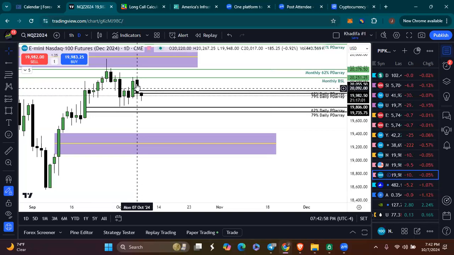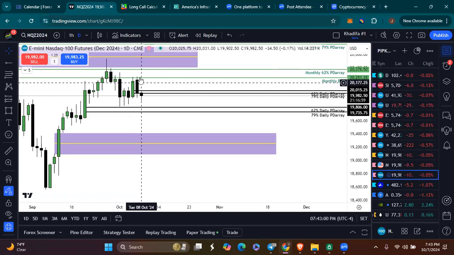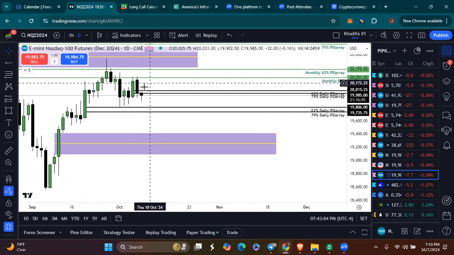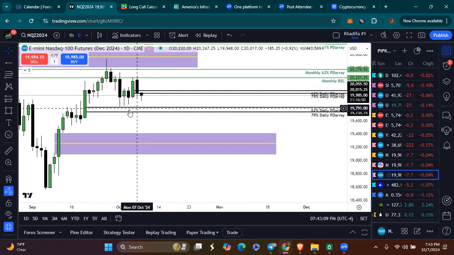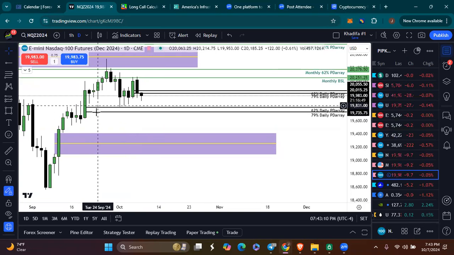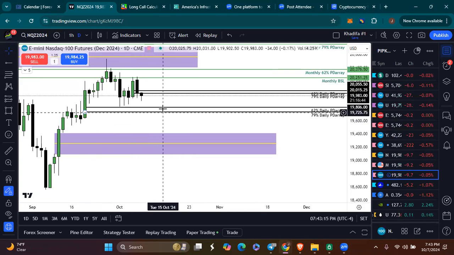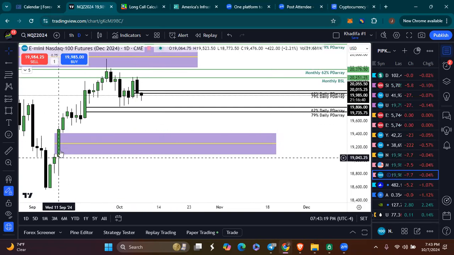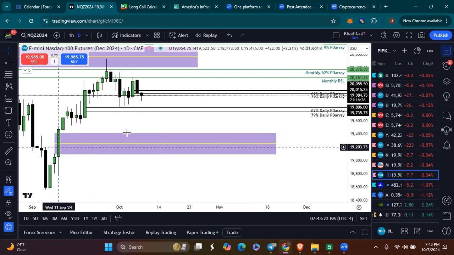Whether we come back up into those premium PD arrays, or run today's daily buy side liquidity and see how price reacts to those levels, or whether we close below these daily PD arrays, then we'll start looking for shorting opportunities to this imbalance to the downside from September the 11th for NQ.